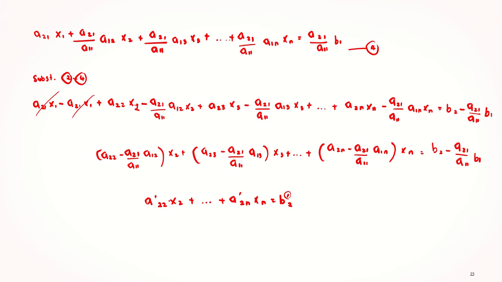If we repeat it for the remaining equations, for example, multiply equation 1 by a31 over a11, so that we can subtract the result from the third equation, we will actually get the result of a11 x1 plus a12 x2 plus a13 x3 plus dot dot dot.